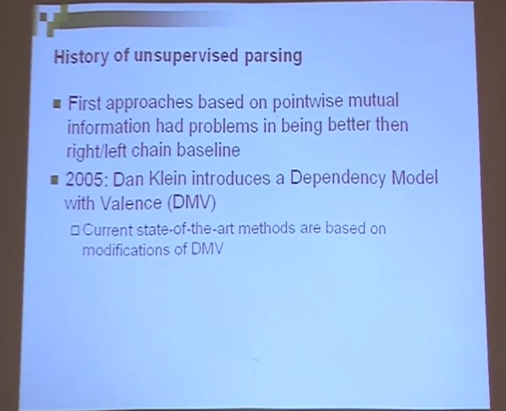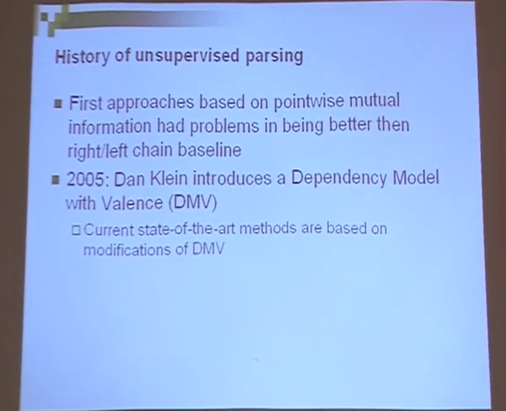It was before the year 2000, and these approaches had problems being better than the simple right and left baseline. What is the right baseline? The right baseline is that every word is attached to the following word. So it is like a right chain, like a string. The left baseline is the opposite, every word is attached to the previous word.